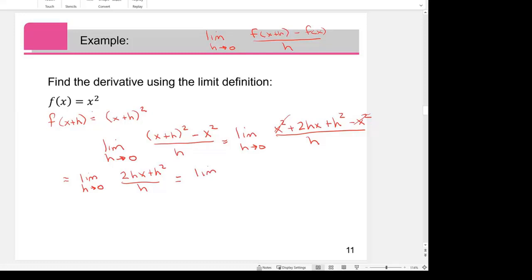I'm going to factor out that h over h, and I'm going to end up with 2x plus h. The h's are going to cancel. I get the limit as h approaches 0 of 2x plus h. And now notice when I plug in 0 for h, I get 2x.